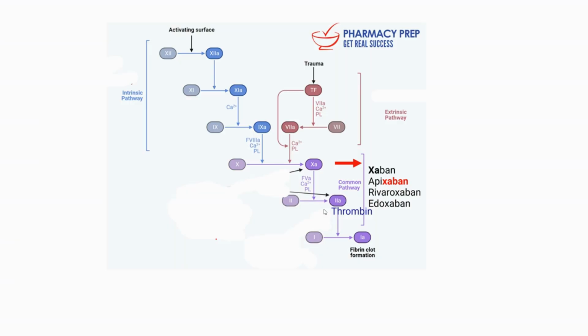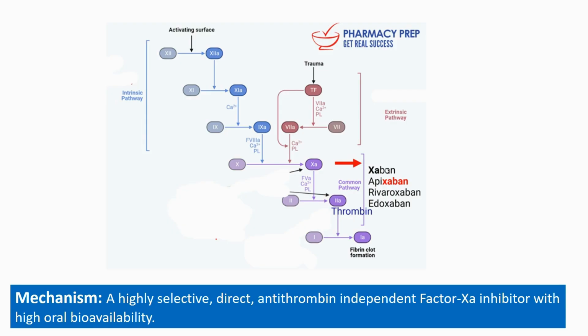So these drugs act through factor 10A. That's the site of action of this class of drugs. It is basically a direct, selective, antithrombin independent factor 10A inhibition. That's important to know about these drugs.